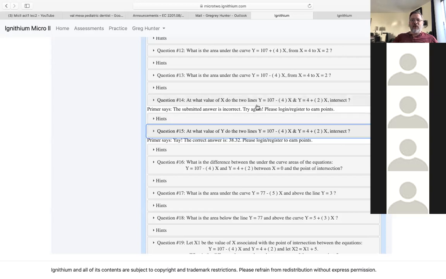So for the first one, for 14, y is equal to this, and then y is equal to that. You substitute the value of y on one side for the other one. So you just end up with 4 plus 2x is equal to 107 minus 4x. Exactly. And then you solve for x.